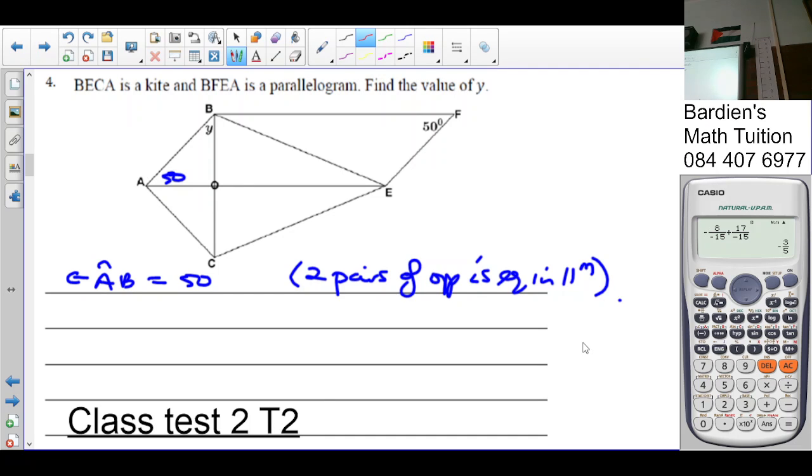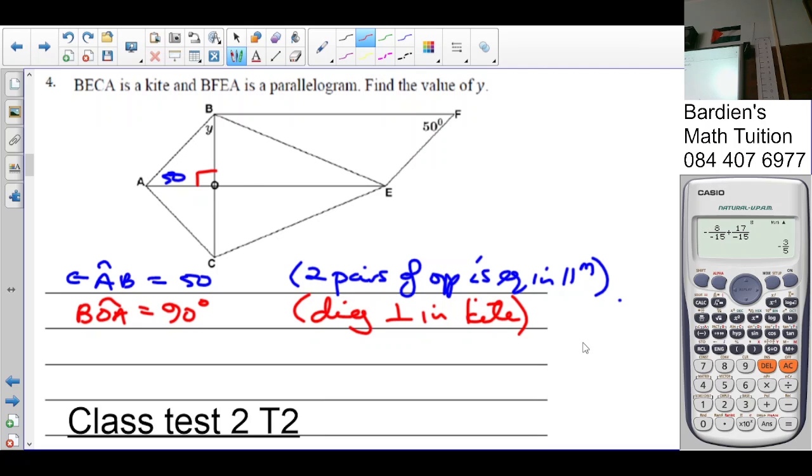What can I say here after? BOA is 90. Why? Diagonals perpendicular in a kite. They don't bisect each other. One diagonal bisects the other. Okay?